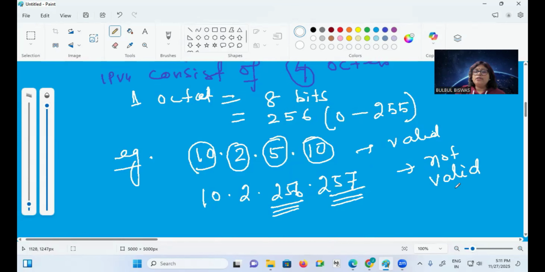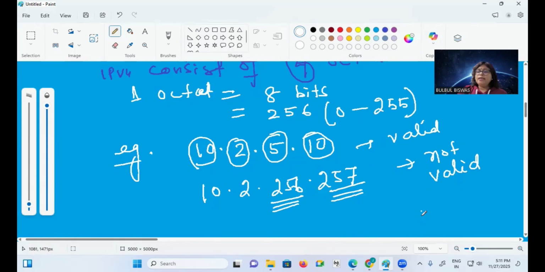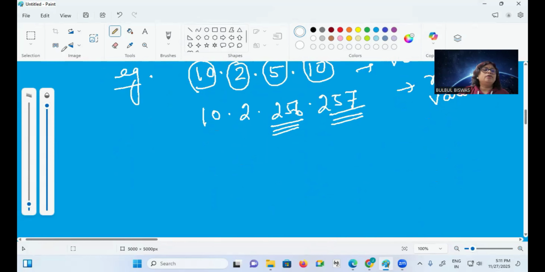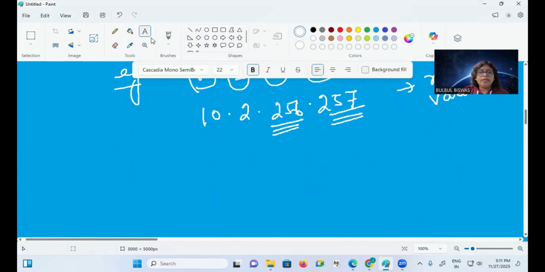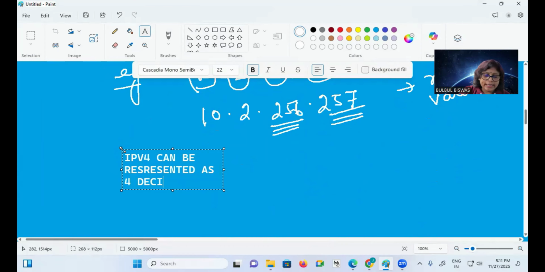So everyone, you understood, when we write an IP address, how do we write it? We always check that each number should be within 0 to 255. So we think in that way: an IPv4 address can be represented as 4 decimal numbers separated by dots.